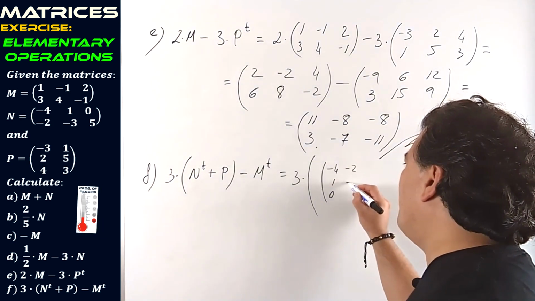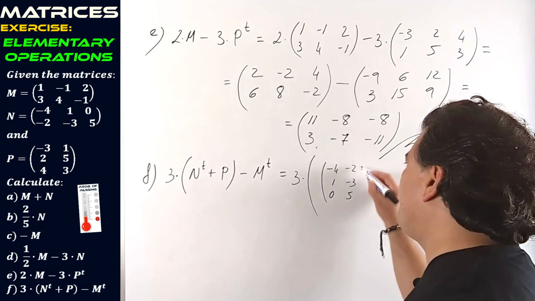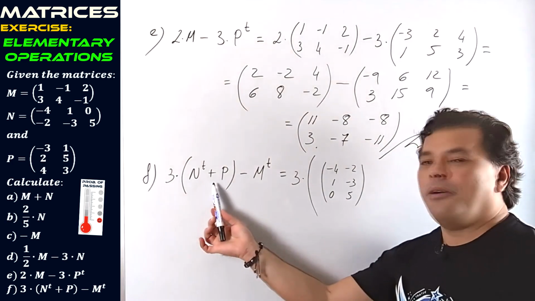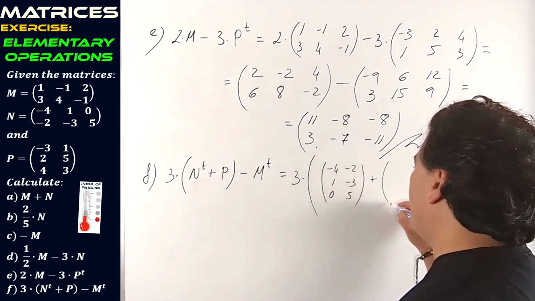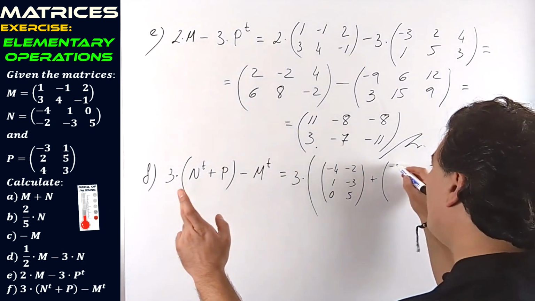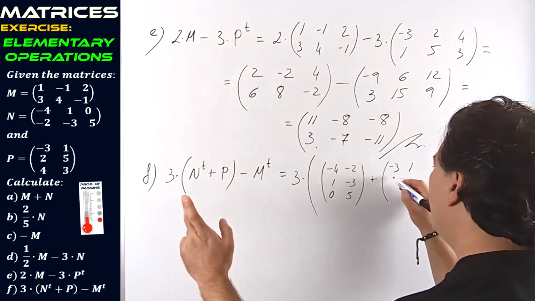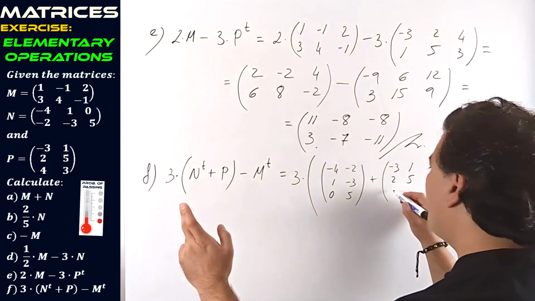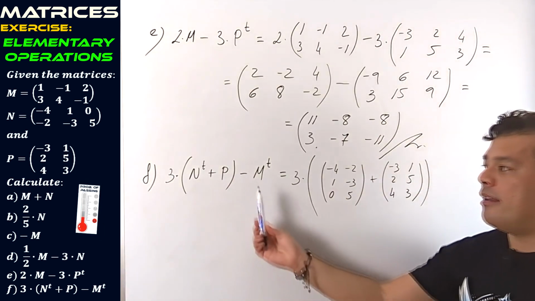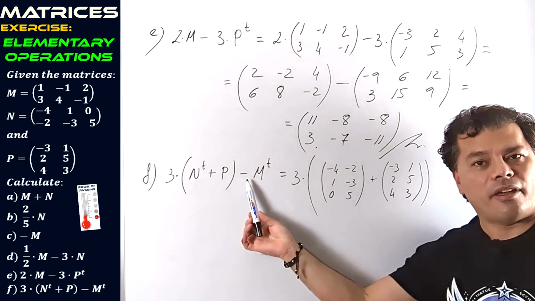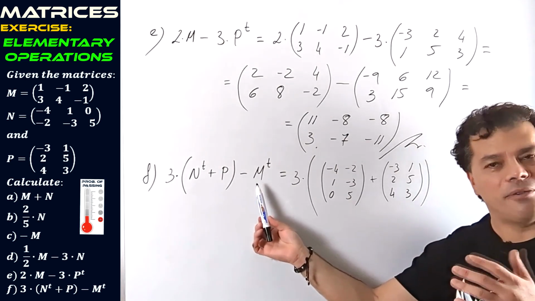Negative 2, negative 3, 5. And now we add matrix P: negative 3, 1, 2, 5, and 4, 3. That's it. And at the end, we will have to subtract matrix M but also transposed.